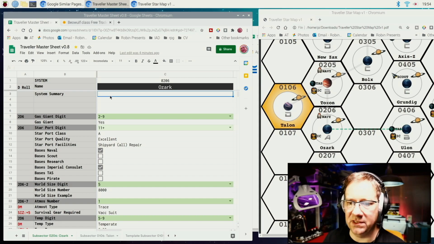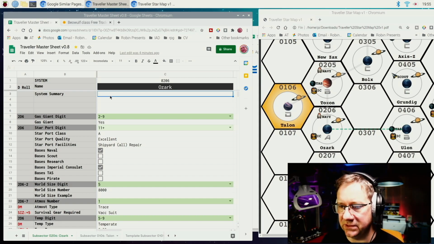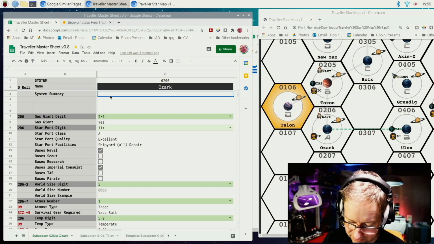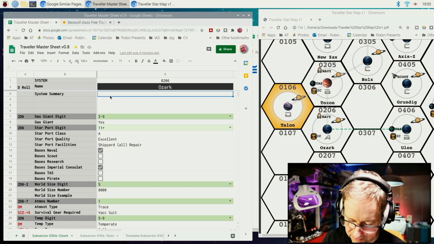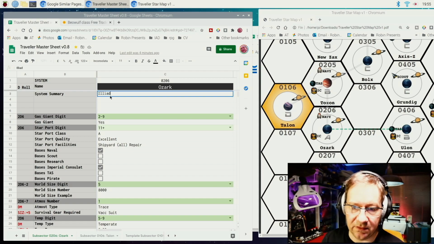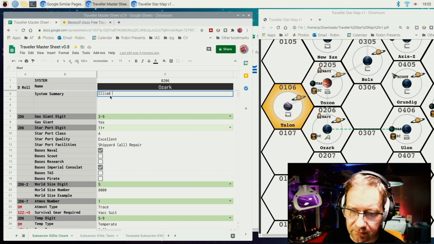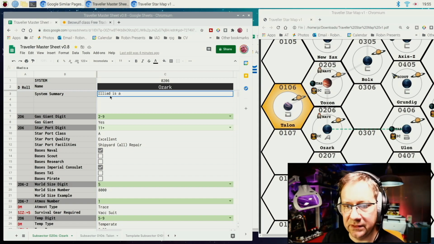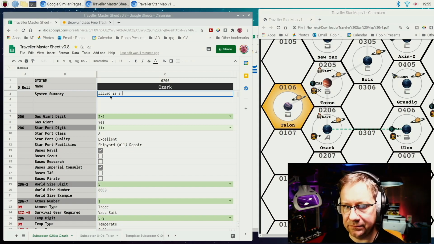So from a name, because I've got to come up with a name for the watery earth, I'm going to call it Iliad. Iliad has, let's call it Red Seas.